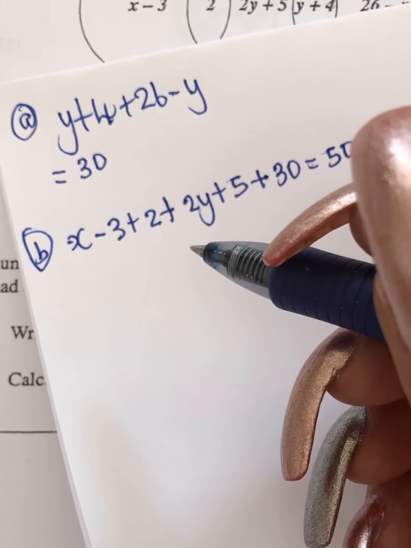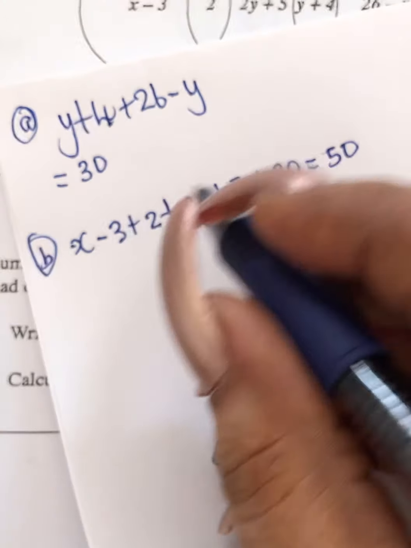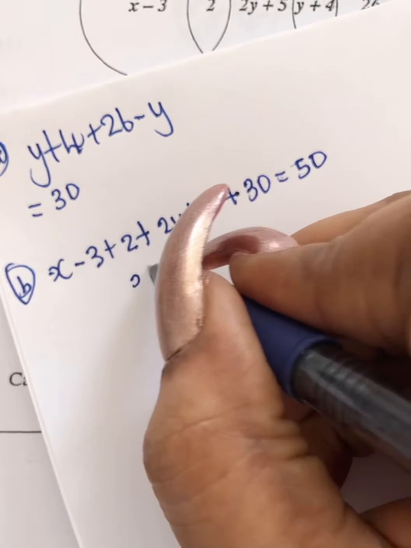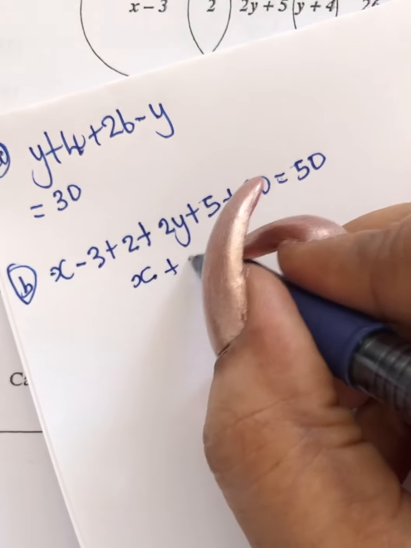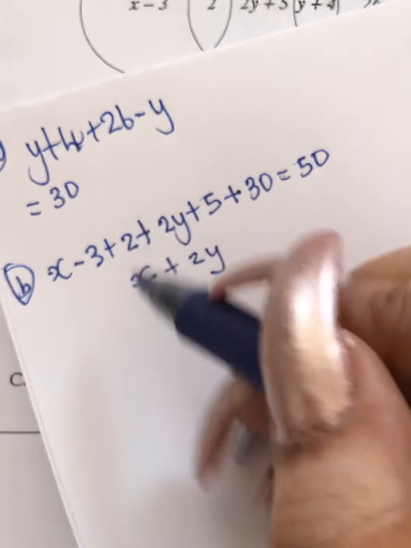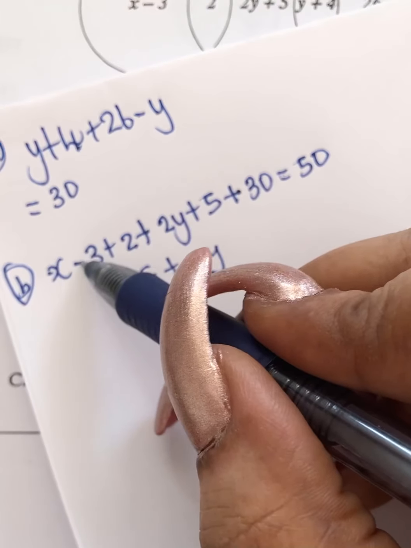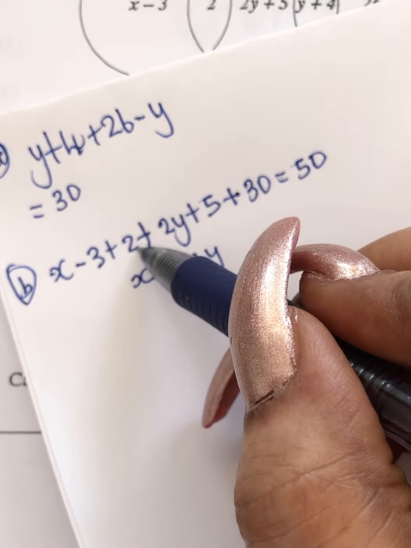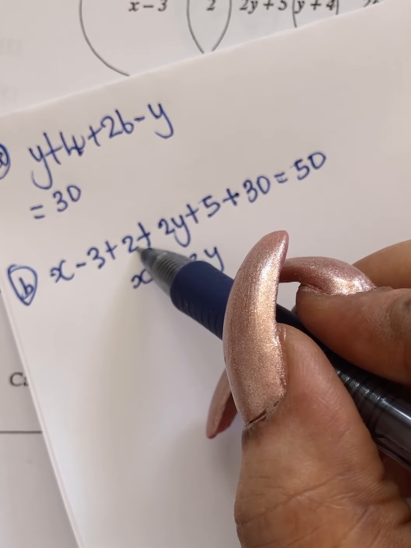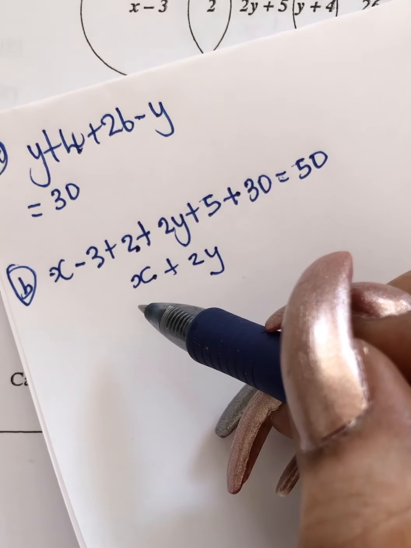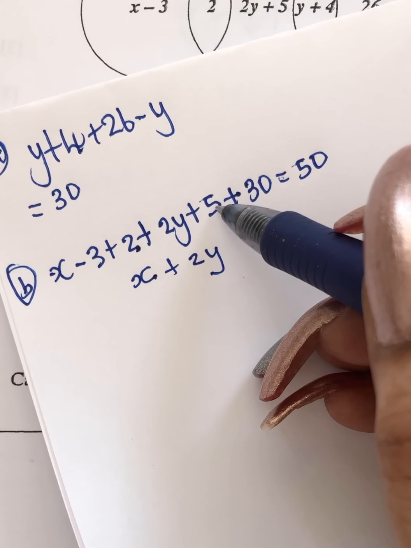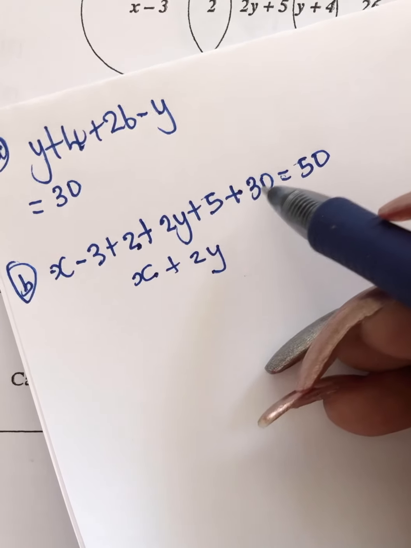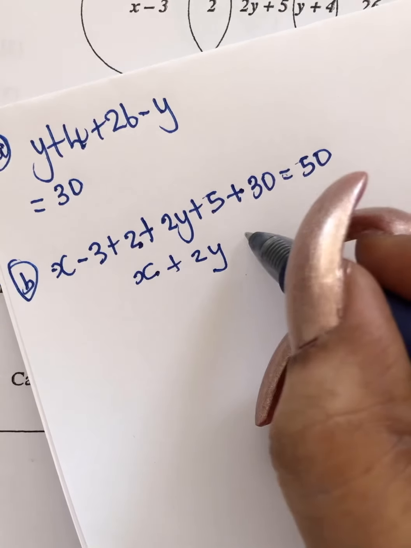So I now combine like terms. There is only one x, so I rewrite x. The 2y. Minus 3 plus 2 is minus 1. Right? Plus 5 is 4, plus 30 is 34.